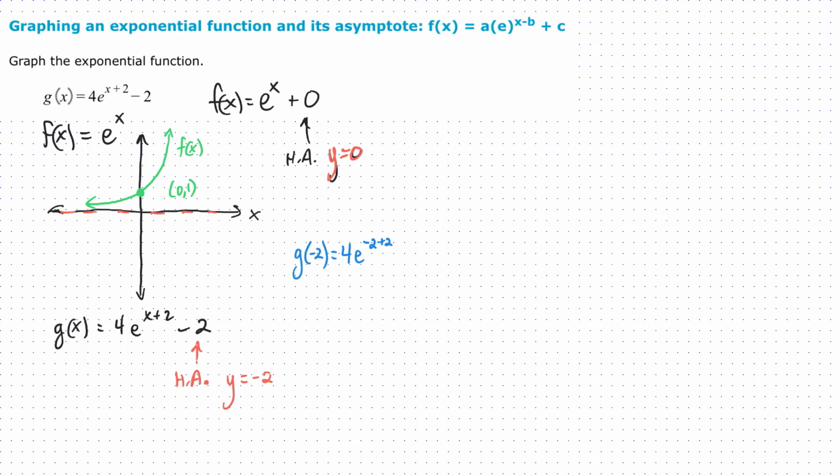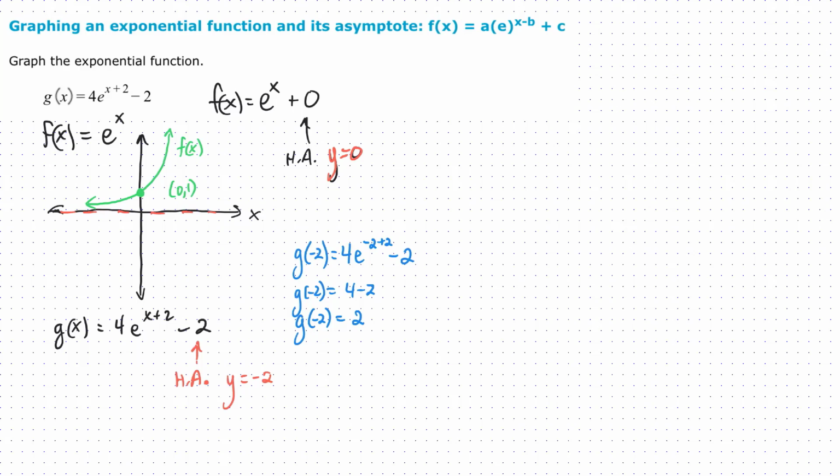So that's e to the 0 power minus 2. But e to the 0 power is what? That is just 1. So that's just 4 minus 2. G of -2 is simply going to be 2. That gives you an ordered pair: -2, 2.